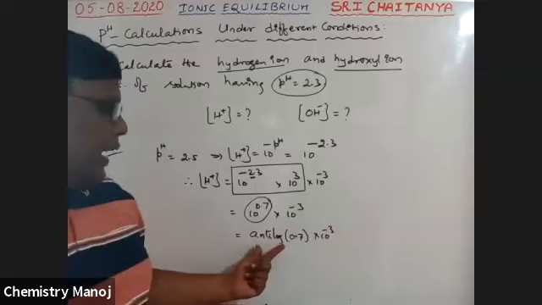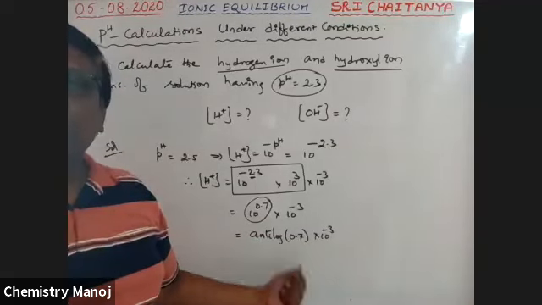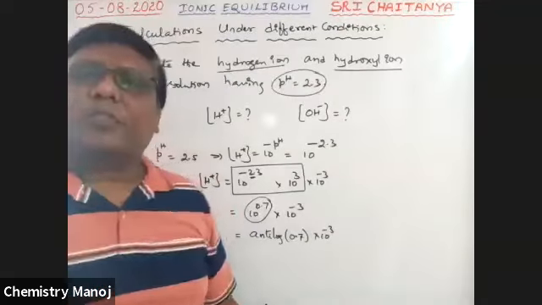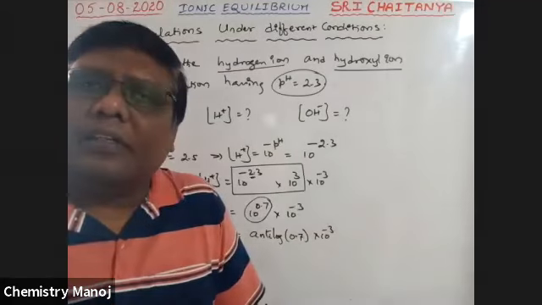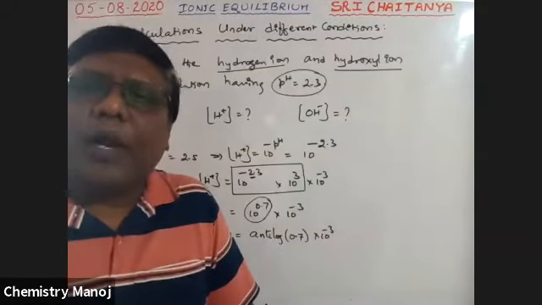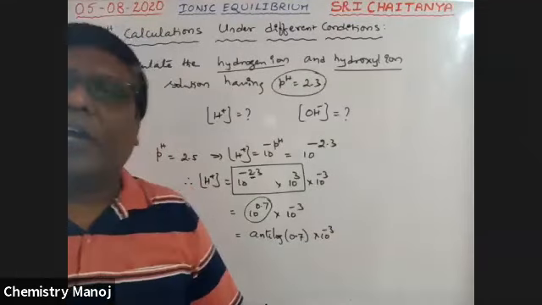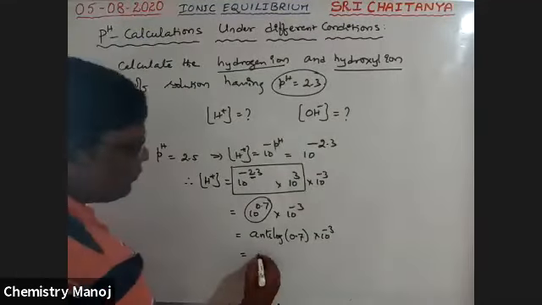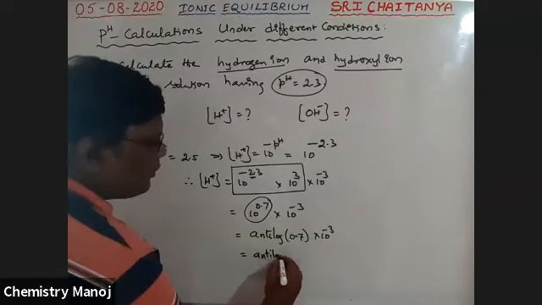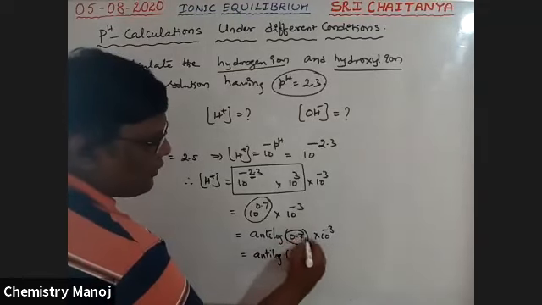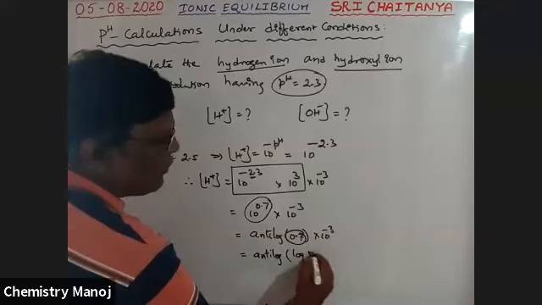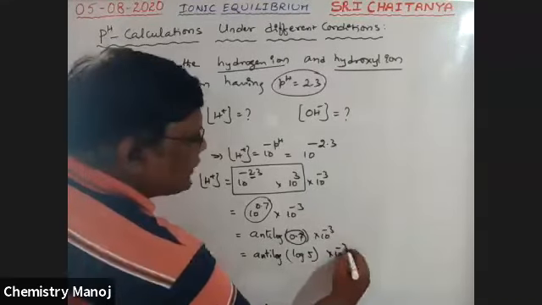See here, anti-log of 0.7. Do you have any value in logarithms? Is there any log value from your known values? Yes, log 5. That's why I'm writing anti-log of 0.7 is nothing but log 5 into 10 power minus 3.